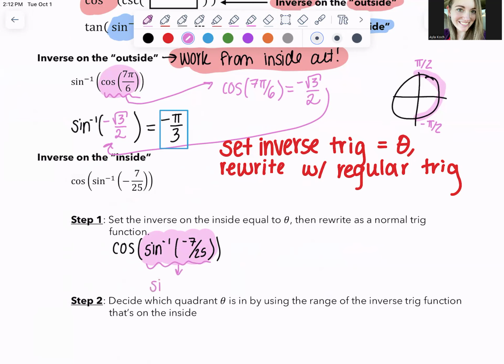So sine inverse of negative 7 over 25 is equal to theta. This does a few things for us. First of all, anywhere I see sine inverse of negative 7 over 25, I can replace it with a theta. So this whole thing right here is a theta, which means what we're really looking for is cosine of theta.